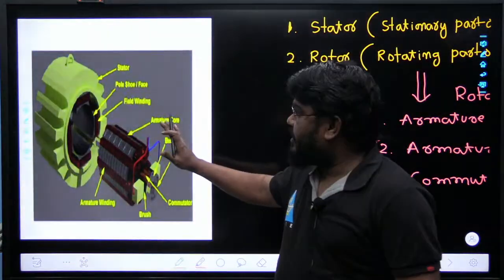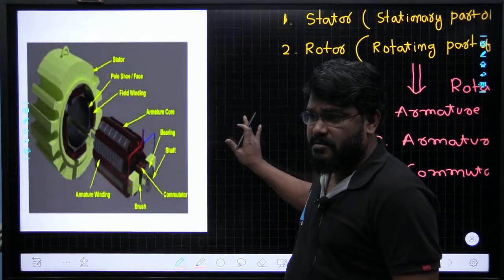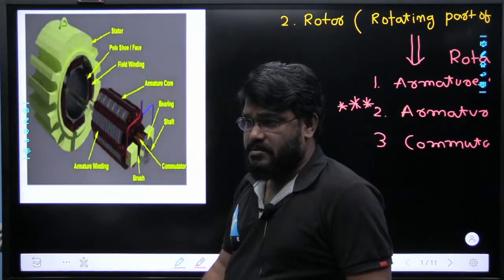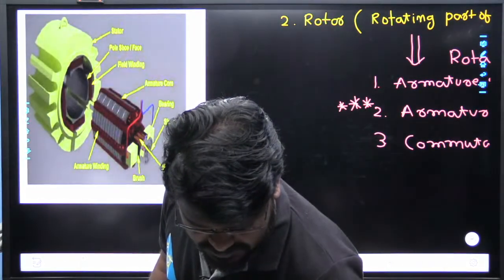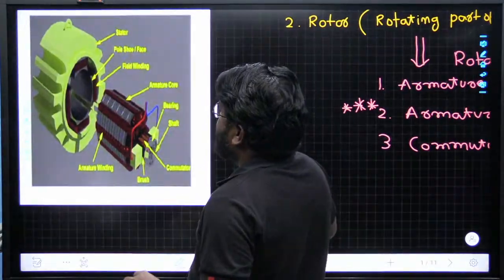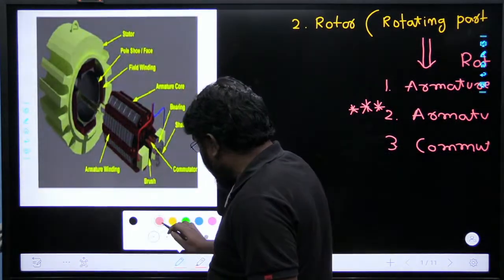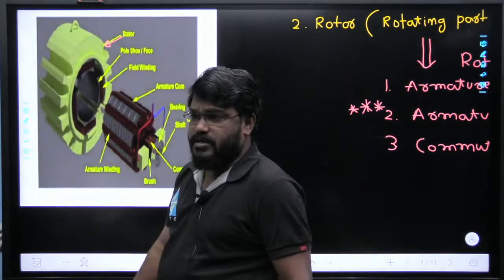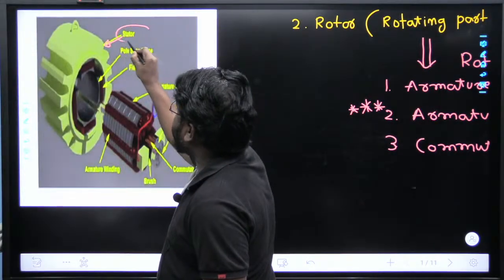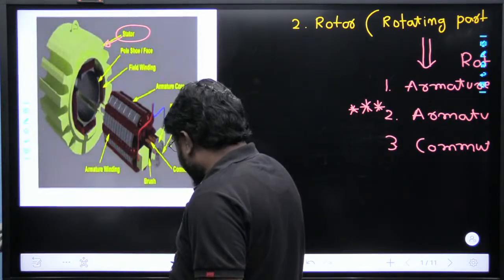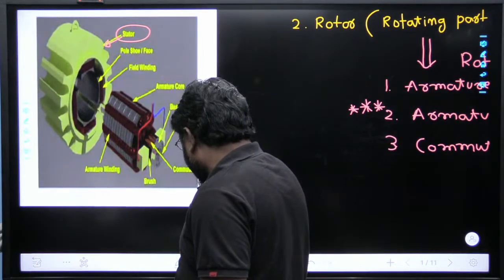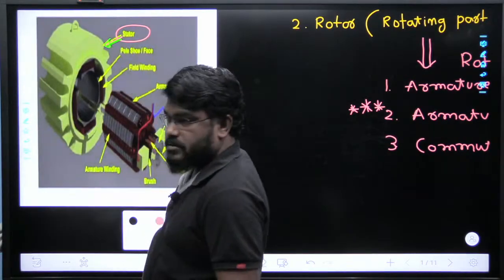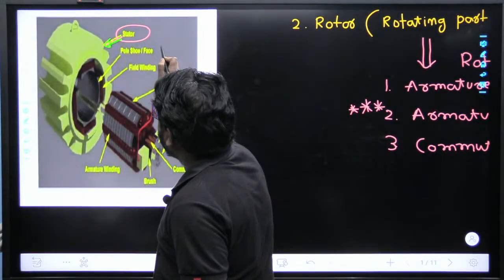Okay, can you see this diagram? Yes, okay, see here. This one is the stator part of the machine, and this is the pole shoe.